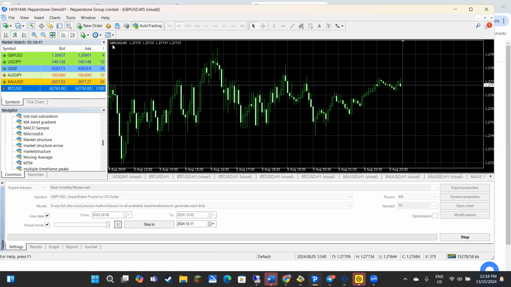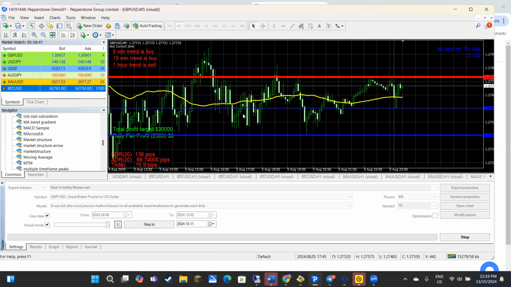Okay, so I'm using pound USD because I'm trading that based off the 15-minute breakout.